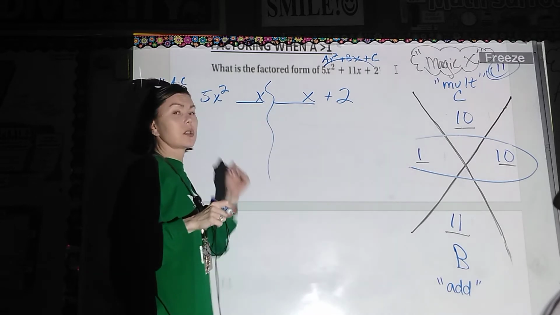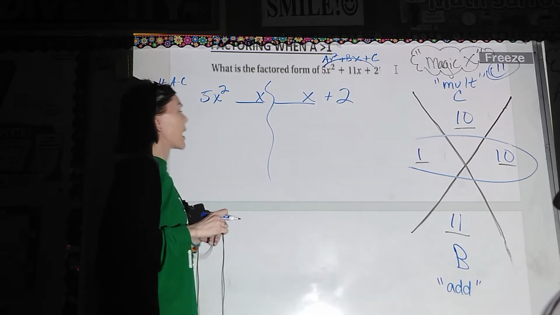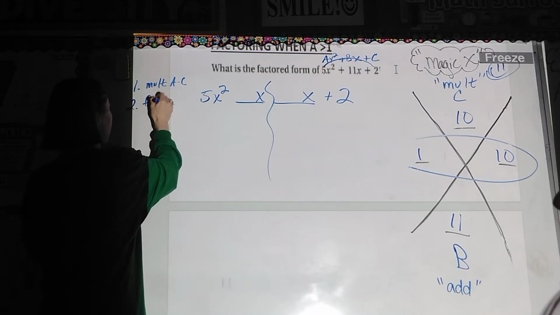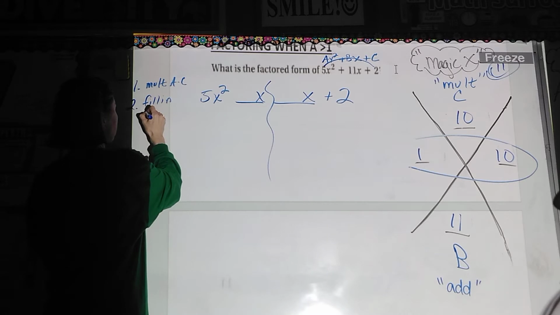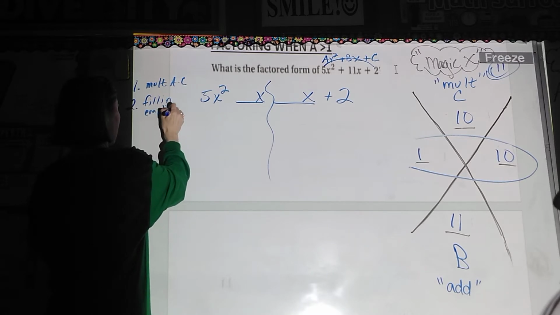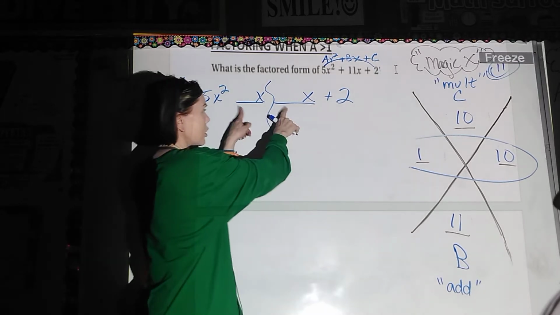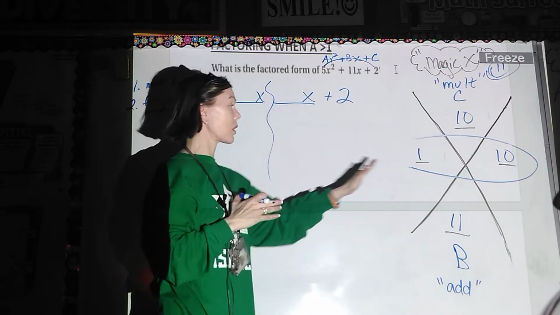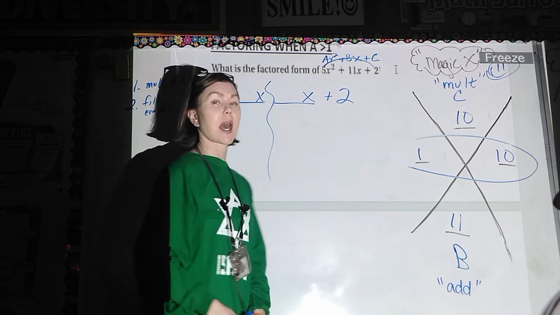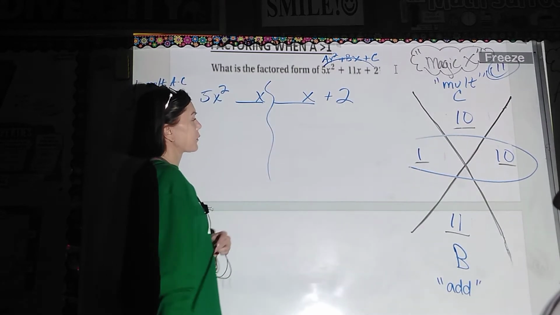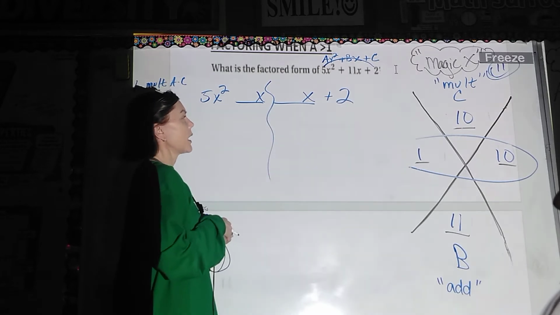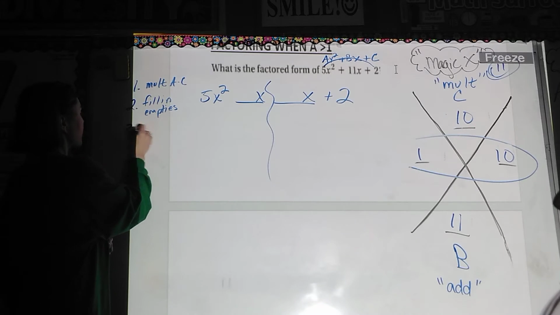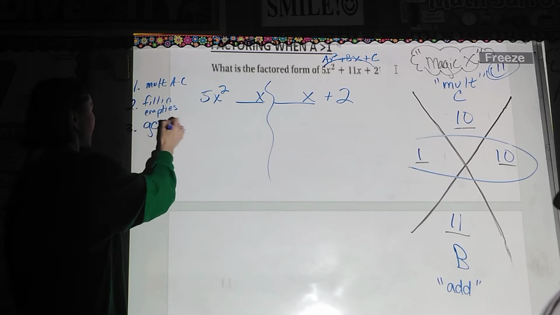Now that we've set this up for success, step 2 is to fill in the empties. Here we have our two empties that we need to fill in with our two numbers from the magic X. I just want to give you some foreshadowing: step 3 is to factor out the GCF.